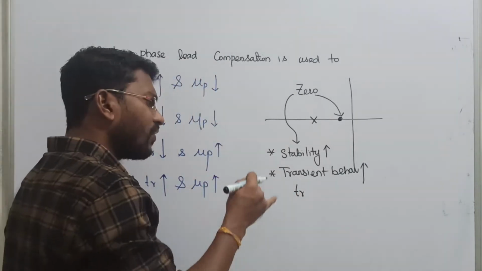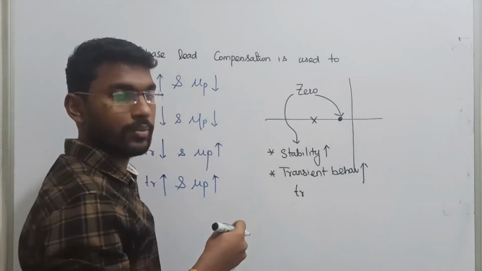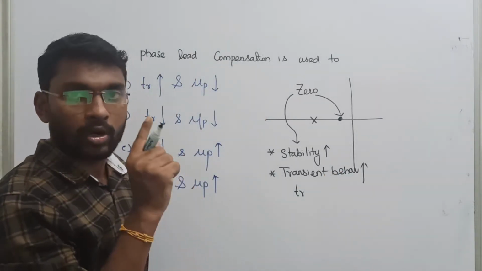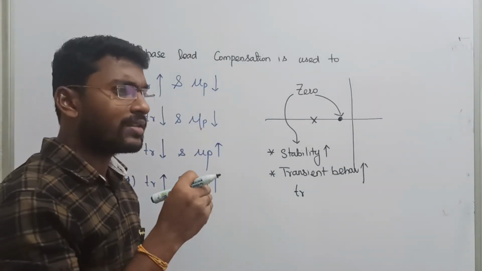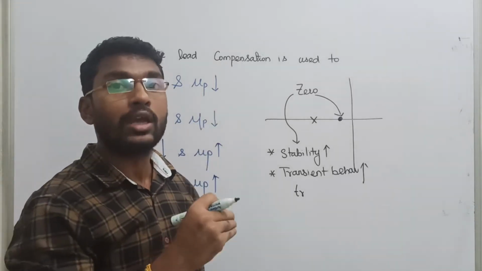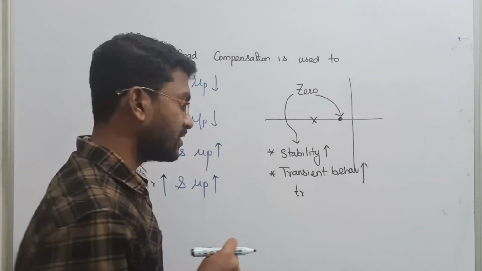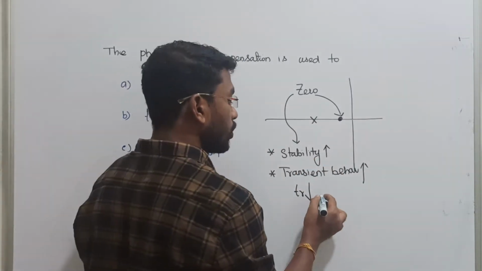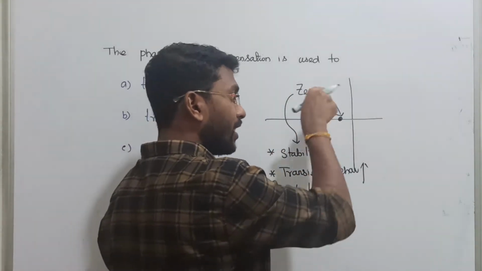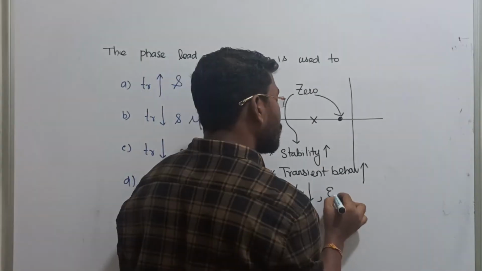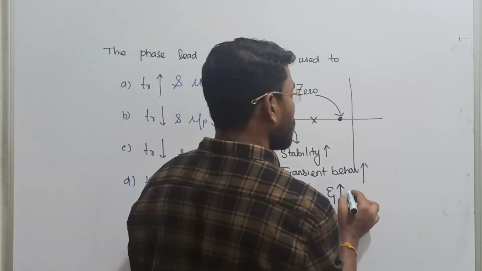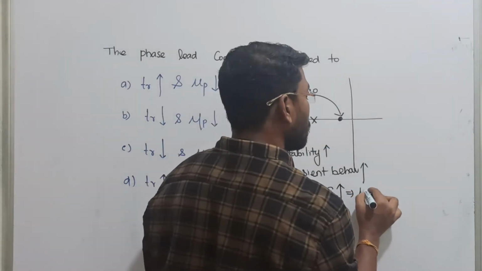Your system will take very little time to reach the steady state because transient behavior will be improved. When the moment we switch on the fan, it will take very little time to reach the steady state. Very quickly we reach the steady state, such that rise time of the system decreases. And then what we have observed, because of the addition of the zeros, damping ratio of the system will be increased in case of a second order system, such that what we have concluded, maximum peak overshoot.